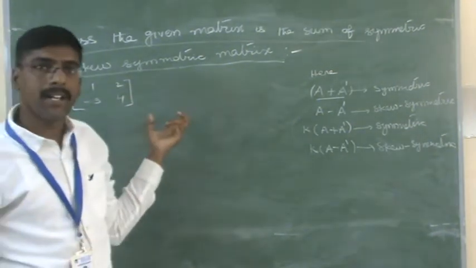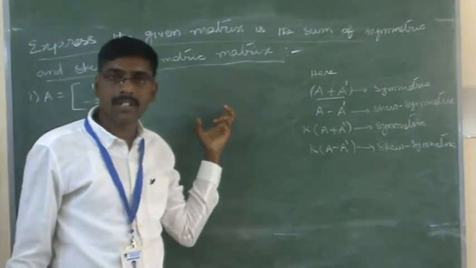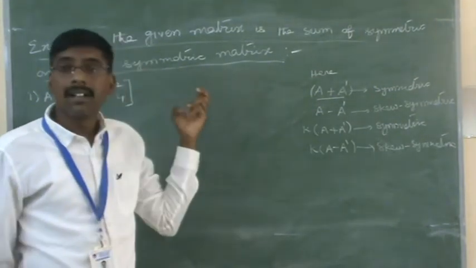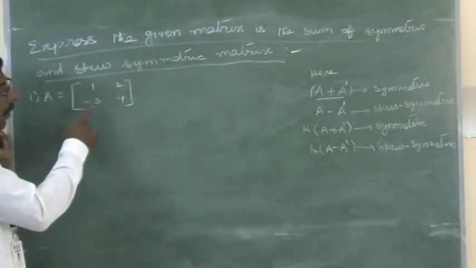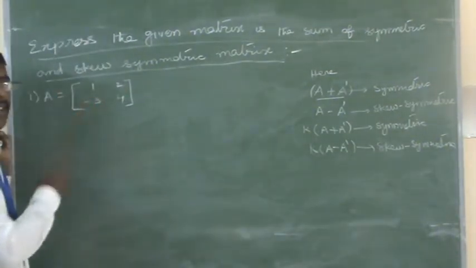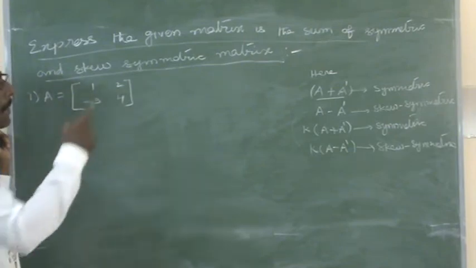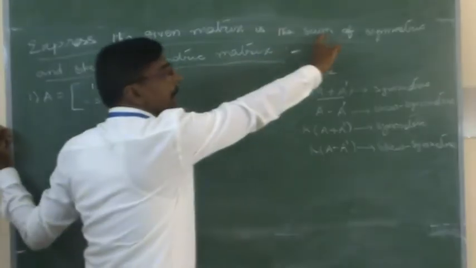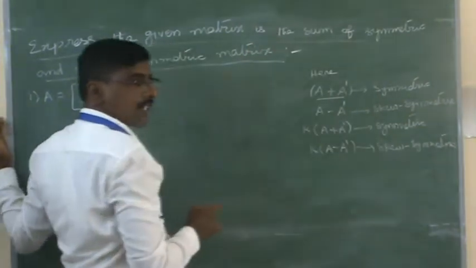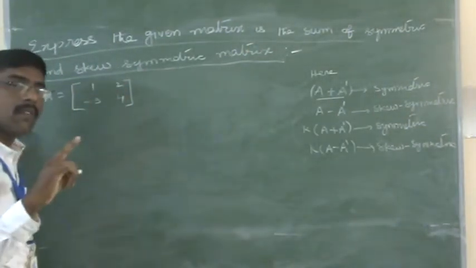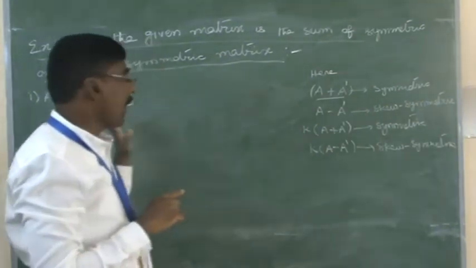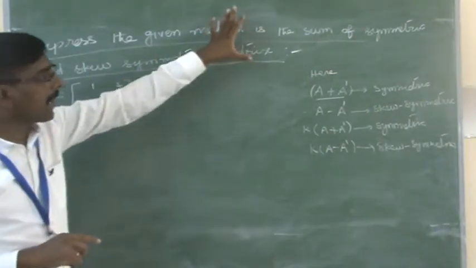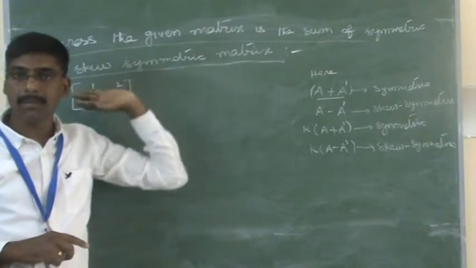A symmetric matrix means its transpose gives the same matrix. Sum means addition of the two matrices, so we need to represent it as the addition of a symmetric and a skew symmetric matrix.